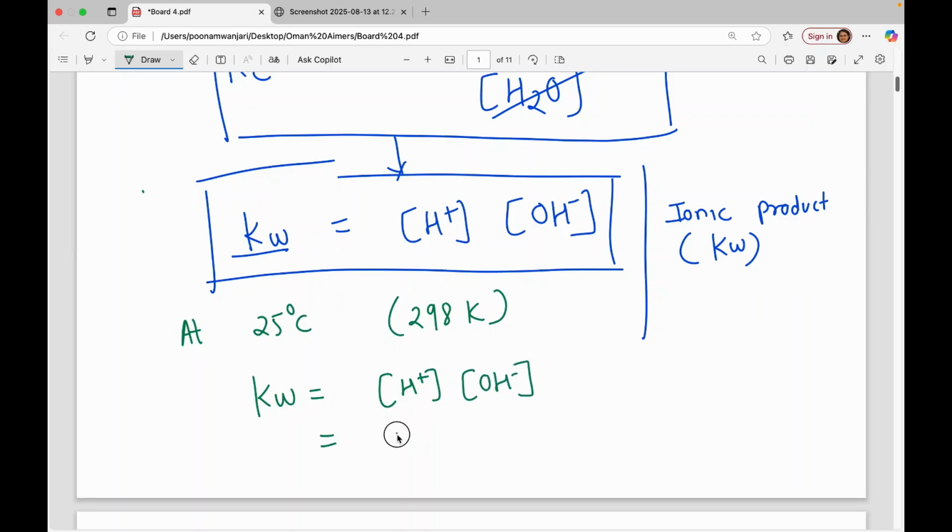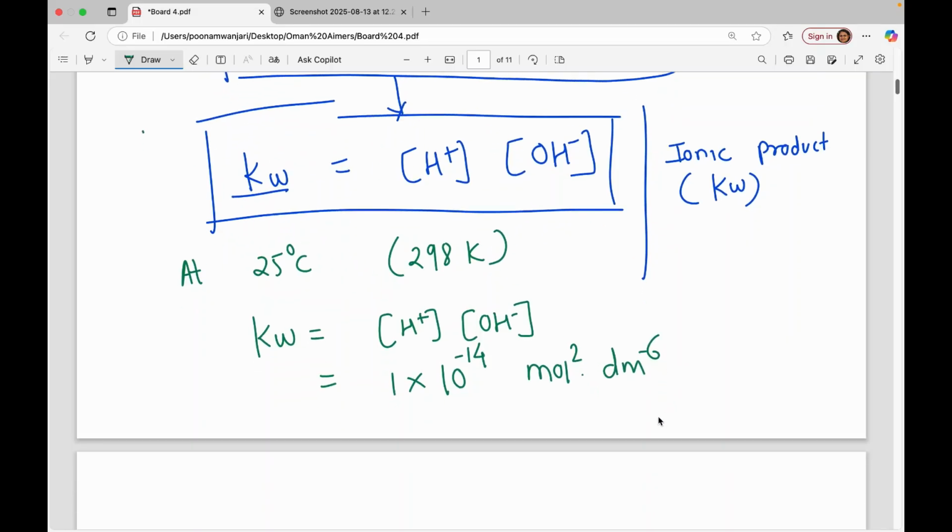H plus is 10 to the power minus 7 and OH minus is 10 to the power minus 7, so it will be 1 into 10 to the power minus 14, and its unit is mol squared per cubic decimeter to the power 6. So student, this is the value of ionic product at 25 degrees Celsius.